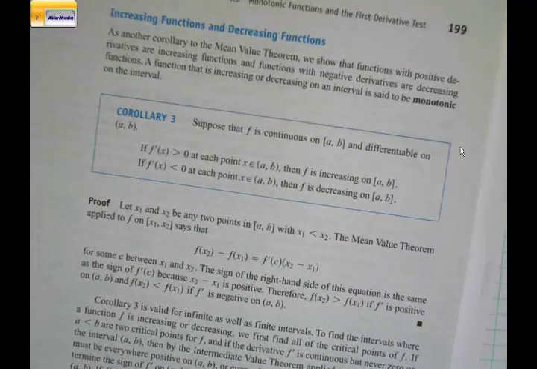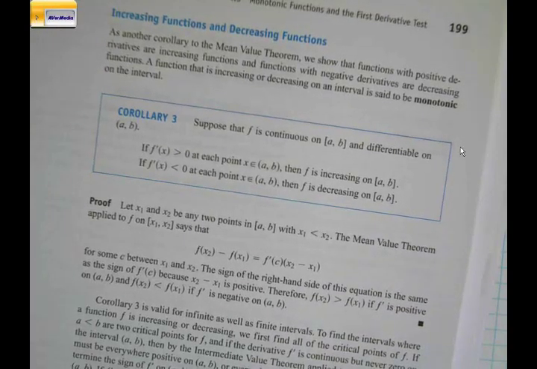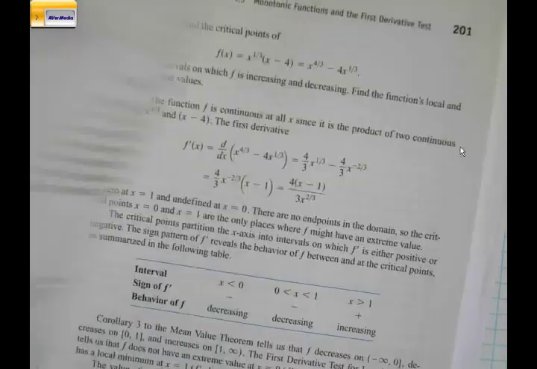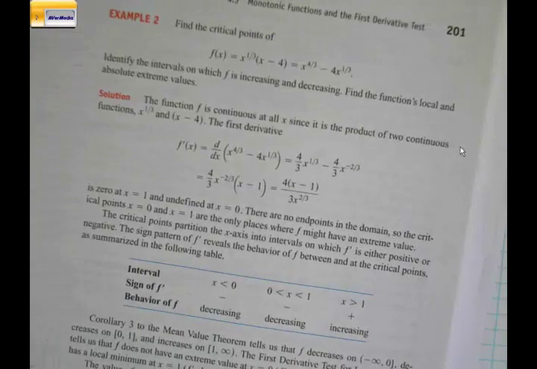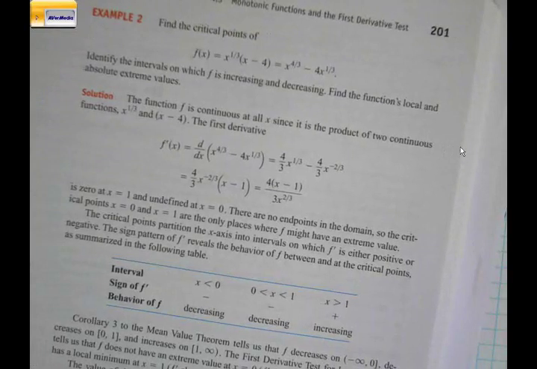Now, where it gets very interesting in here is they talk about whether your intervals of increasing and decreasing are closed intervals or open intervals. And it really seems that they kind of contradict themselves. Well, they talk about it, and they do contradict.